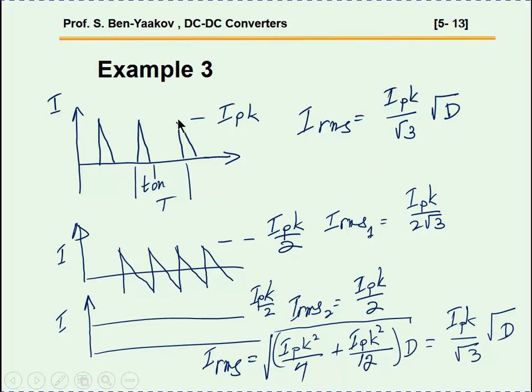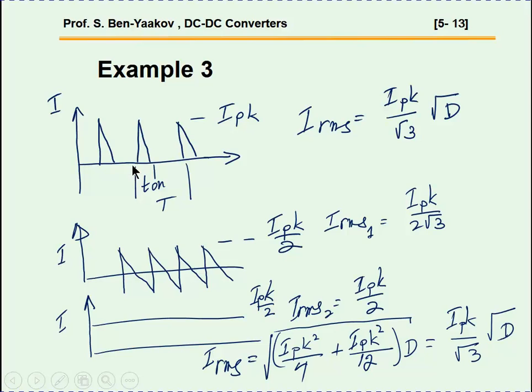I'm going to decompose it into the DC part. The value of the DC, of course, is I peak divided by 2, because the average is here somewhere in between. I'm talking about the average after closing the gap and having a waveform which is continuous, no T off in between.